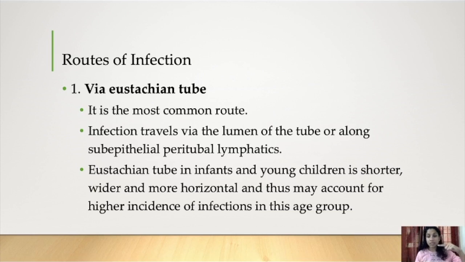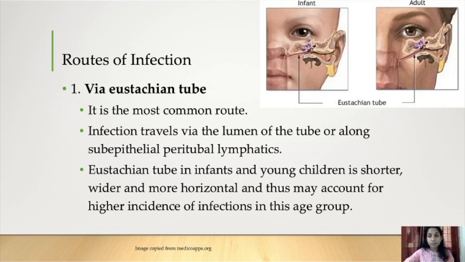You can see in this picture, this is an infant. Here it is horizontal, while this one is slanting. It is narrow and not as long as in an adult, and it is also wide open, so the infection can easily spread into the middle ear.